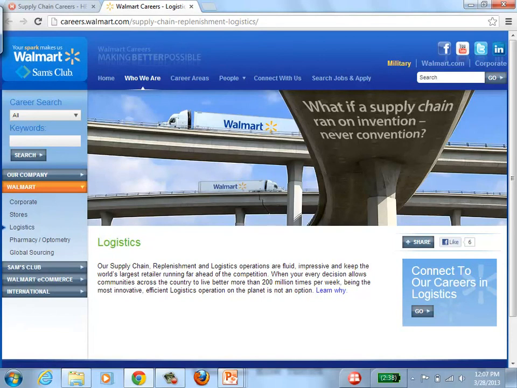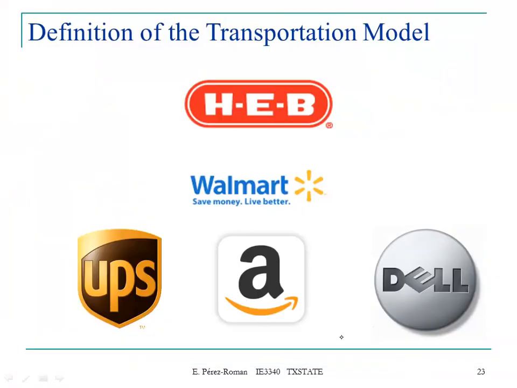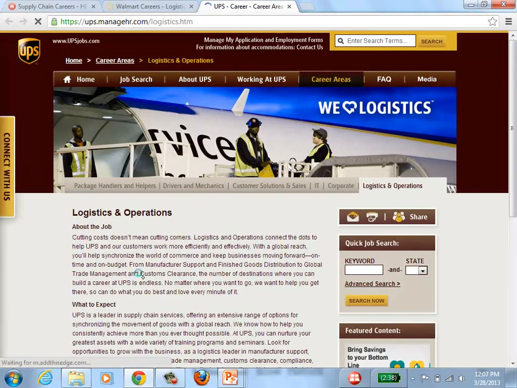You will see that they have a logistics division, UPS, and so on. So again, as I mentioned earlier, these tools help you find a job in these companies that mostly do logistics and product shipment and so on.